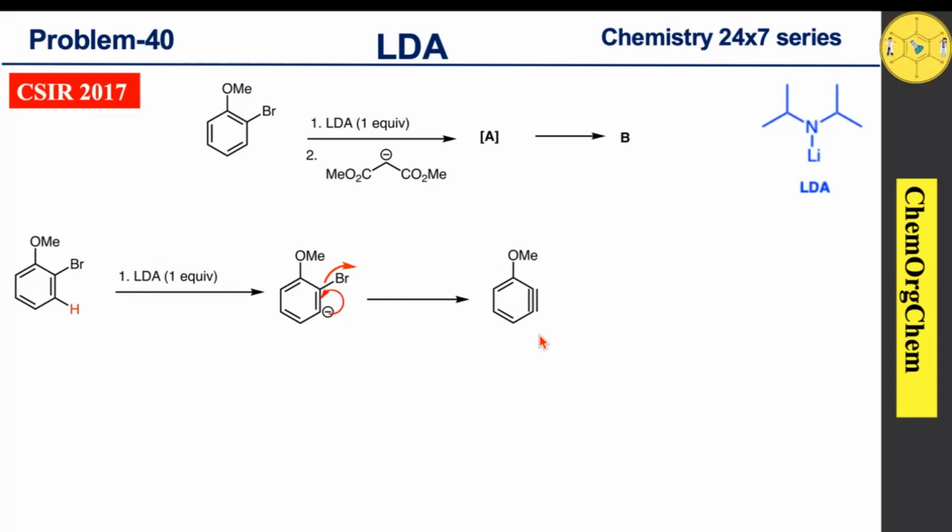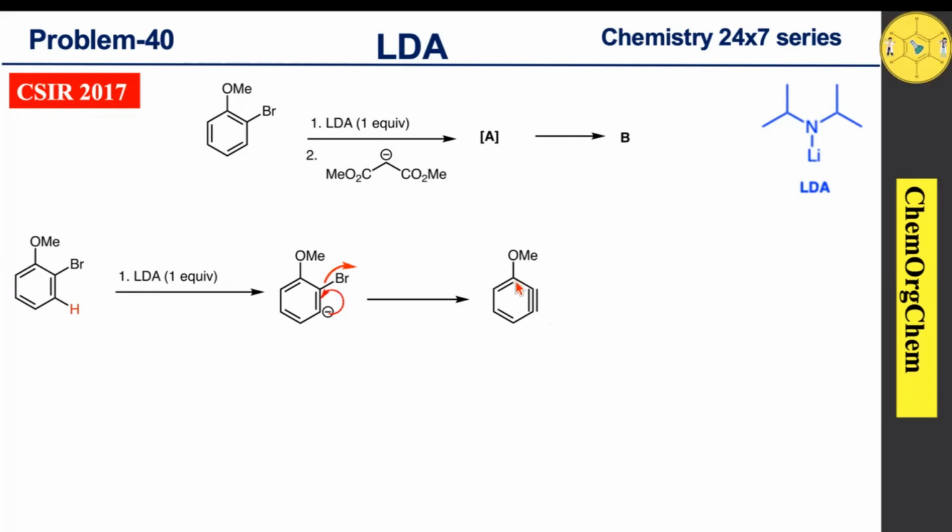I hope that most of you are aware of the benzyne regioselectivity issues. If you go through your textbooks, you can find that, based on the substituent present at this particular position, we can easily predict the regioselective nature of the reaction.